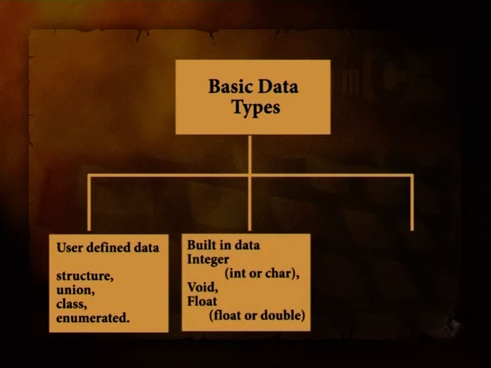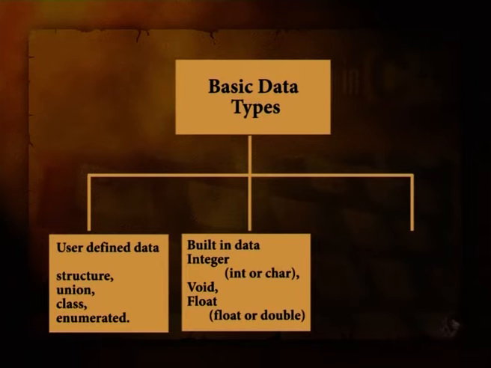Second is built-in data type. They constitute integers, void and float type. Integers can be either int or char, while float can be either float type or double type. Void is used when either function does not return any value or no arguments are passed to the function.